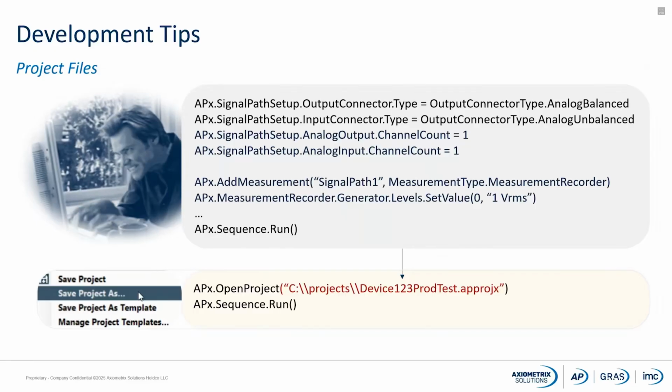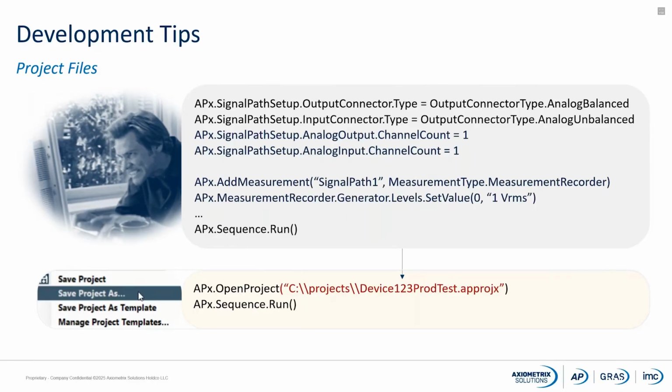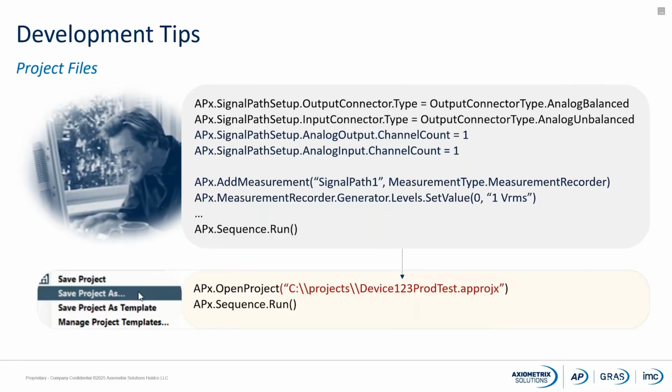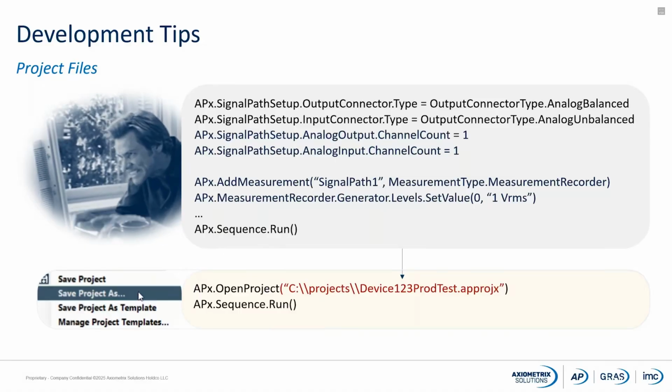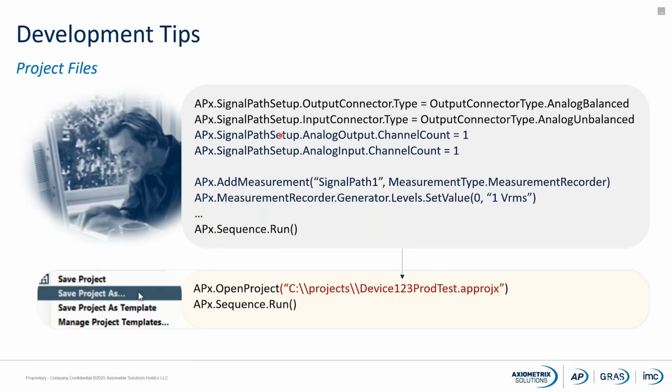So regardless of which operating mode you use, I always recommend that people use project files if they can. And you know, sometimes you want to explicitly type all of the configuration, and I understand that, but it can also save a lot of time finding APIs and also writing out the APIs, because all of this code, and it can be much more than this, gets essentially condensed down into these two lines.